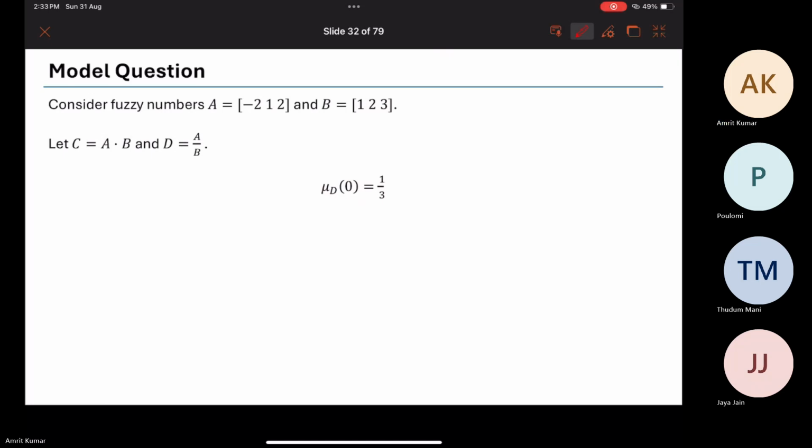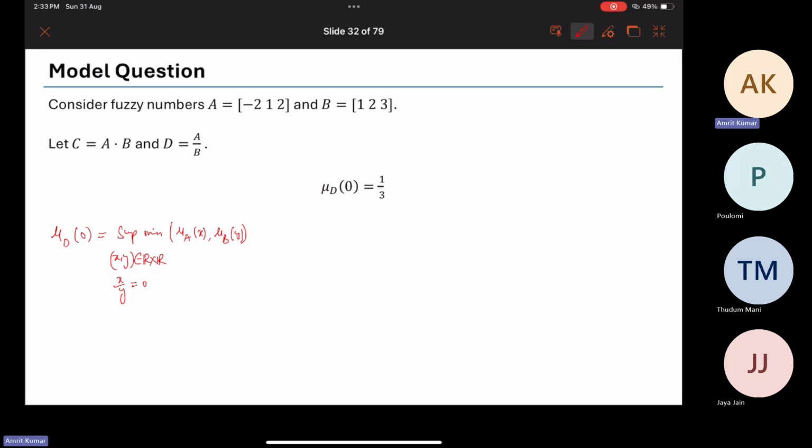Now, let us look at this. So now you can adopt the previous approach that we discussed.